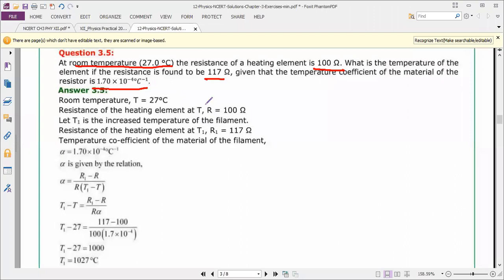Mention one by one: room temperature, the starting resistance value 100 ohm. After the heating, you will get the resistance value 117, and the coefficient value alpha is 1.70 into 10 power minus 4 Celsius inverse. Now what is the formula?